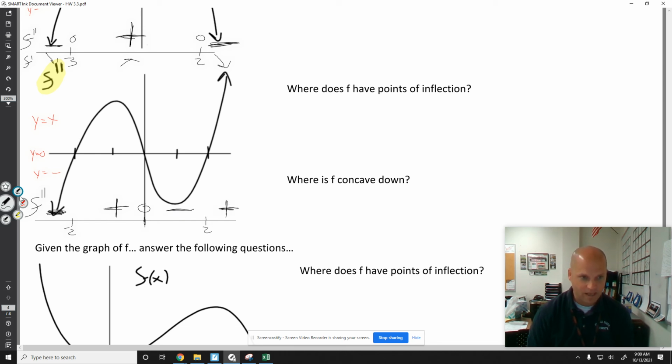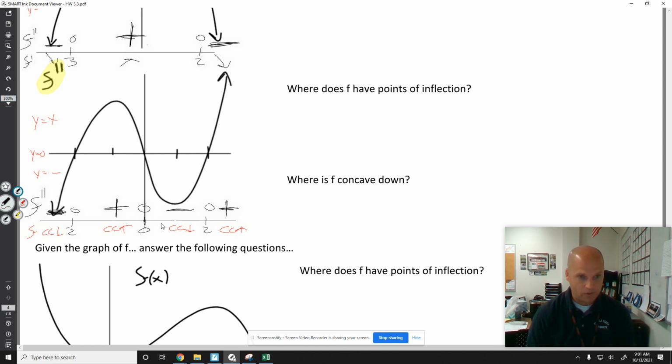Positive values after that. F prime, therefore, must be decreasing, increasing, decreasing, increasing. We honestly can skip this whole f prime analysis because f double prime signs tell me f's concavity. Sorry, these are zeros. This is a 0 at 0. So f is concave down, then concave up, then concave down, then concave up.